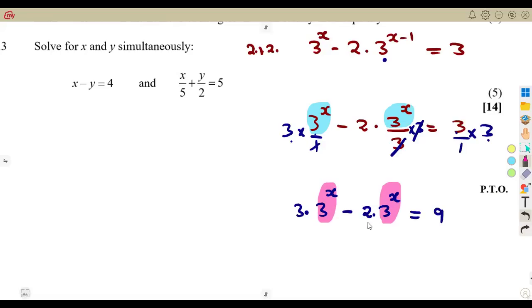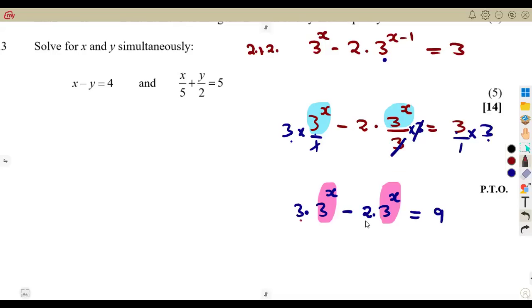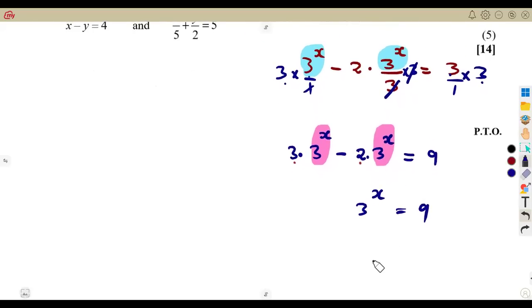So we can subtract these numbers as usual. 3 minus 2 is 1. So 1 times 3 to the exponent of x is same as 3 to the exponent of x, which is equal to 9. The bases should be the same so that we can solve for x. 9 in the base of 3 is same as 3 to the exponent of 2. So therefore, x is equal to 2, just like that.